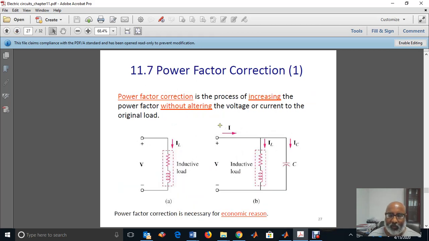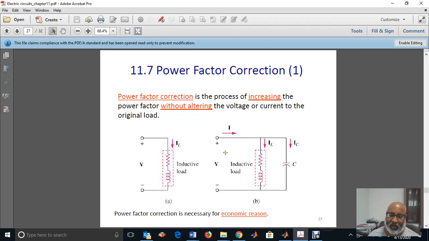Now, power factor correction. We need power factor correction to reduce the total current coming to our load. Because if we reduce the load current, then we reduce the amount of energy consumed, and we are paying a lower bill.